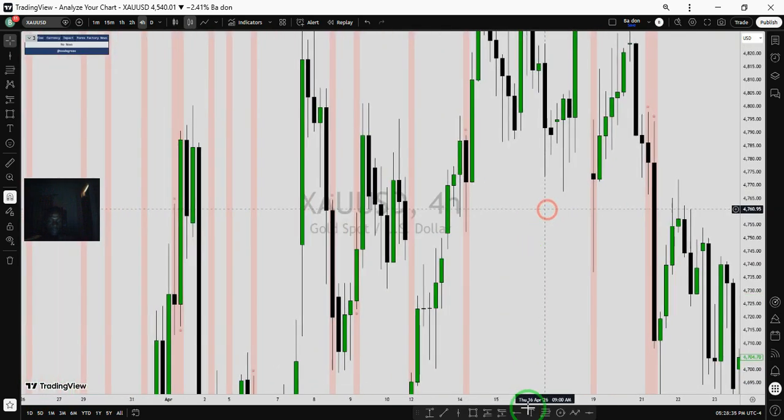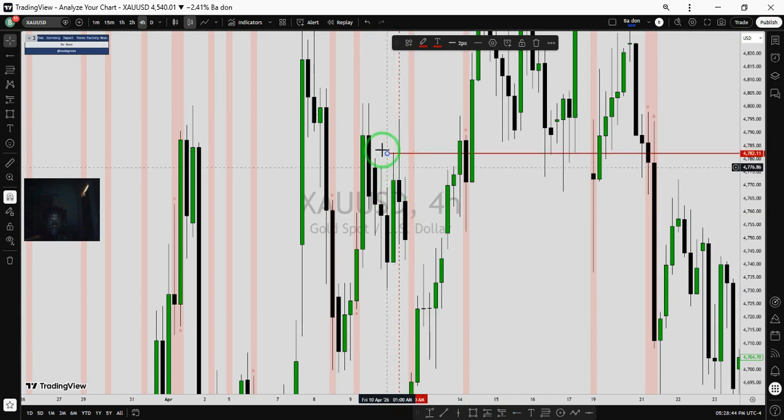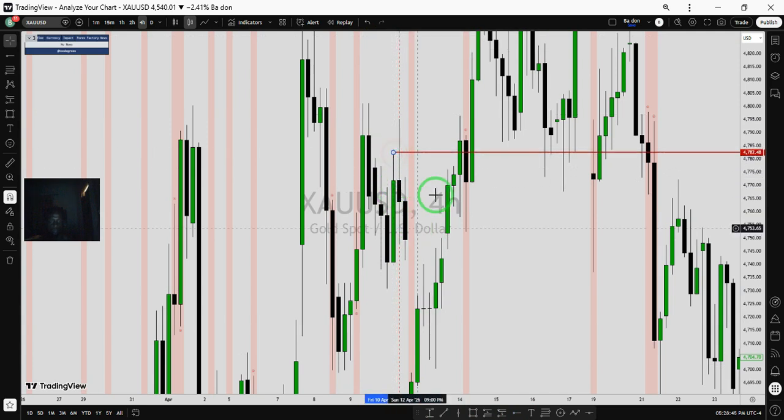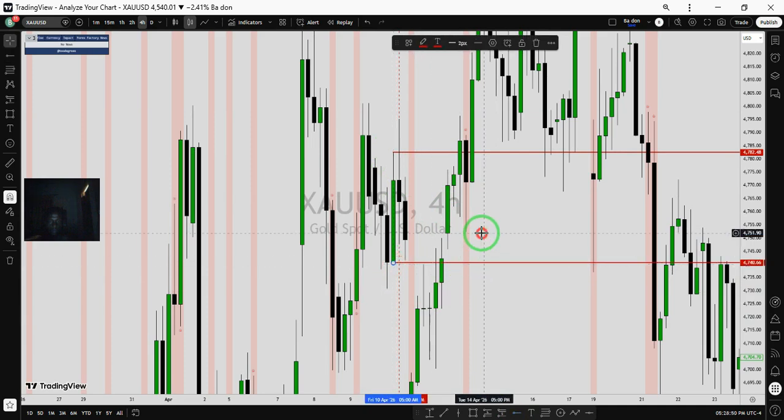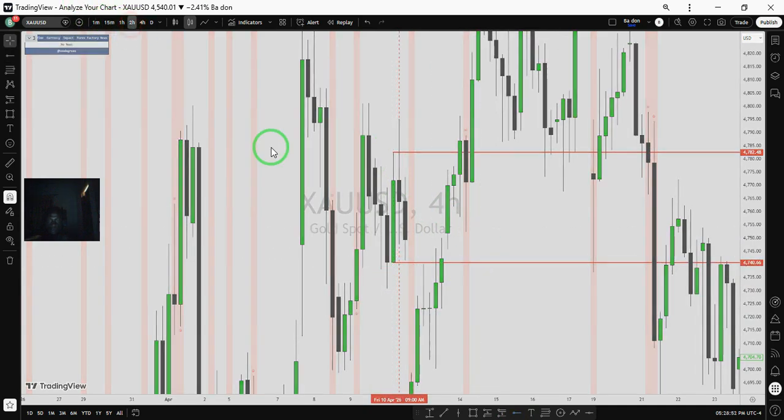So right here we have this one. Put a vertical line here. We mark the high and low of the bullish candle. Go to the 2-hour time frame.